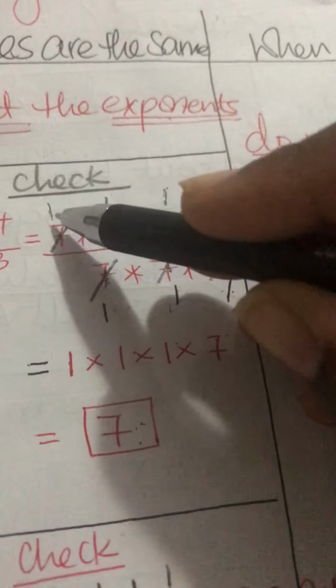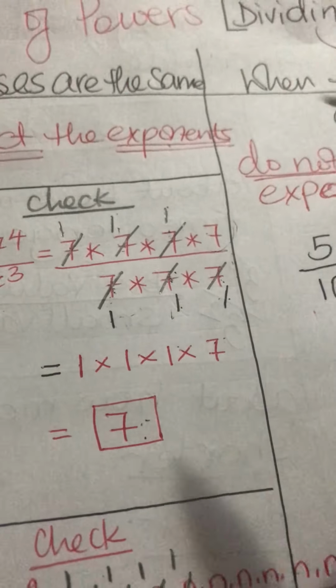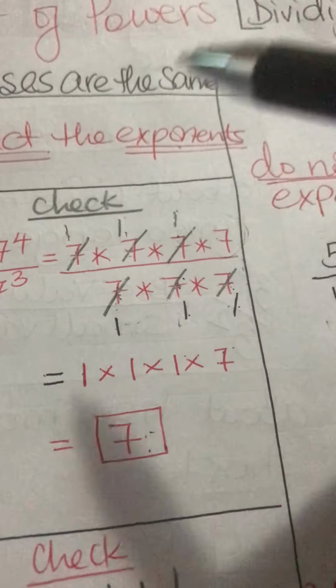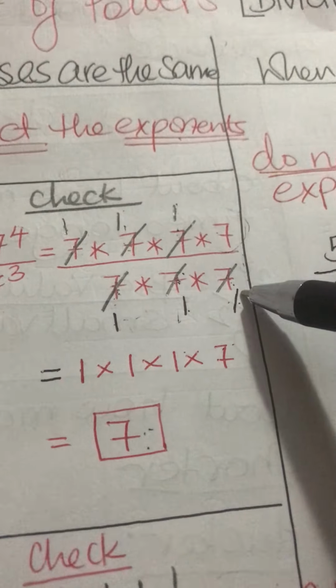When you cross these 7s, you have to write 1. When you cross the same number, you write 1. Now, in our denominator, we all have 1. And we know 1 times 1 times 1 is just 1. So it doesn't matter. We don't need the denominator because it is 1. If it was any other number, you must write it the way it is. It has to be there in the denominator. But because it is 1, you don't need to write it.